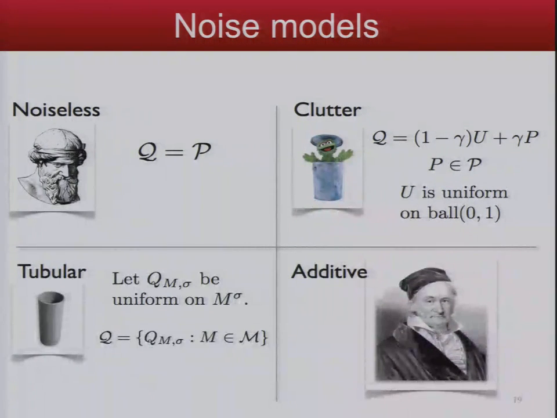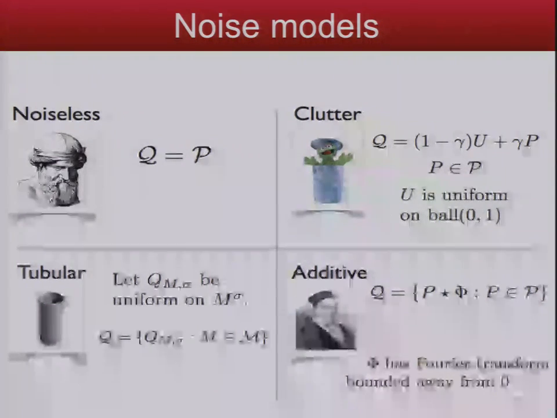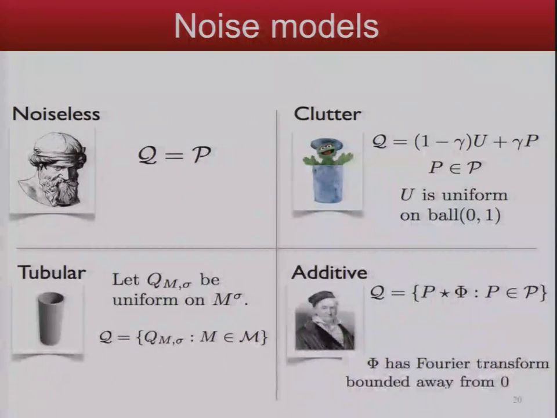The third case is a tubular noise model. So here you get noise which is essentially in some thin region around the manifold. And the fourth, probably most interesting case is additive. So I draw a sample from the manifold and I add noise in some way. So I can add Gaussian noise or I can add any other kind of noise. The only restriction is that the Fourier transform of the distribution of the noise has to be bounded away from zero, and this is sort of a technical thing.